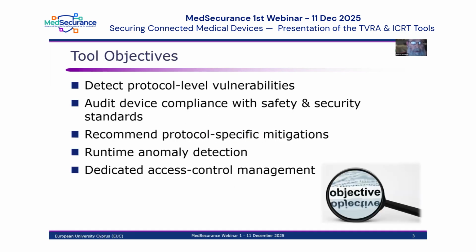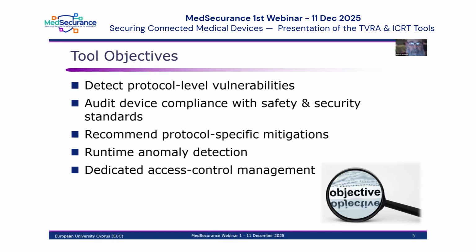With respect to the tool objectives, first we need to detect protocol-level vulnerabilities, audit device compliance with safety and security standards, and recommend protocol-specific mitigation based on our findings and the user inputs into our tools.